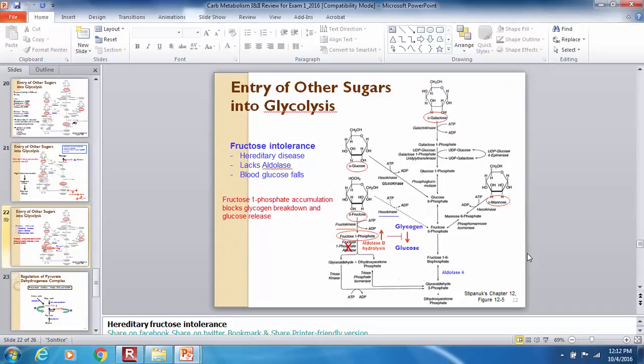Oh, okay. Yes, yes. You're right. I think the similar mechanism, like glycogen breakdown is catalyzed by the key enzyme, right? Glycogen phosphorylase, and glycogen phosphorylase we know is inhibited by glucose 6-phosphate, and it's also inhibited by fructose 1-phosphate.